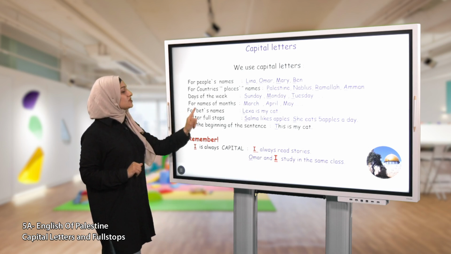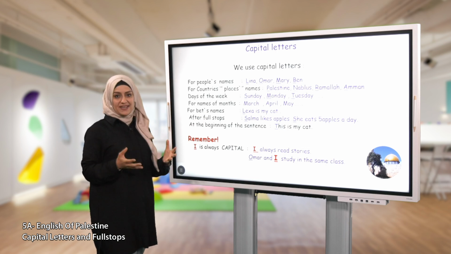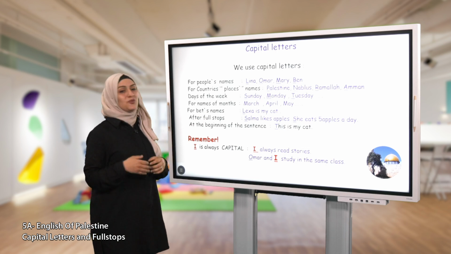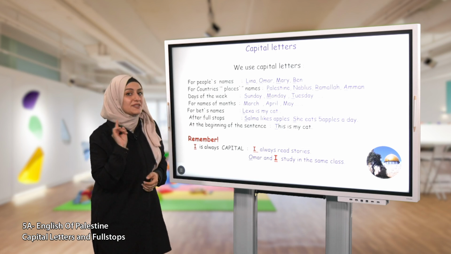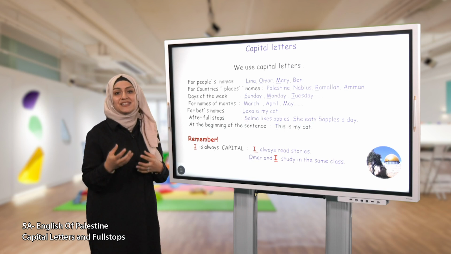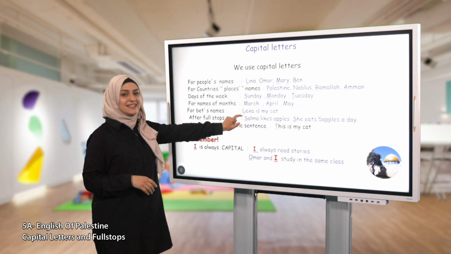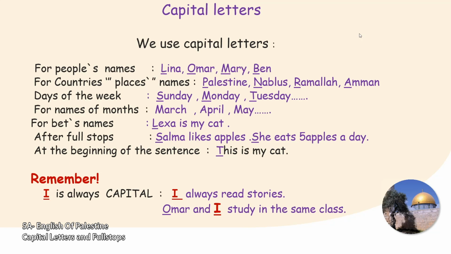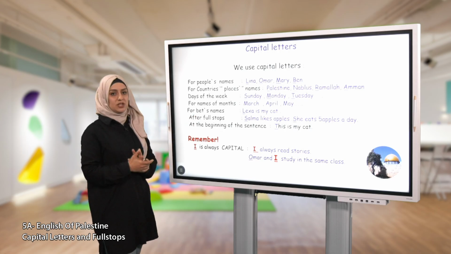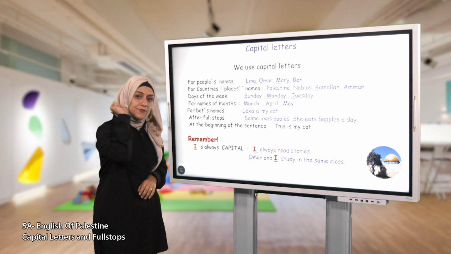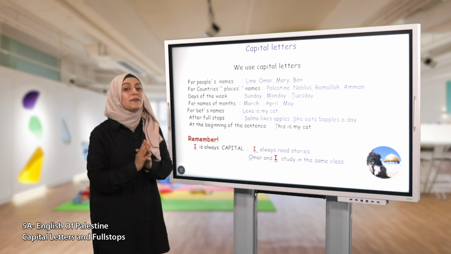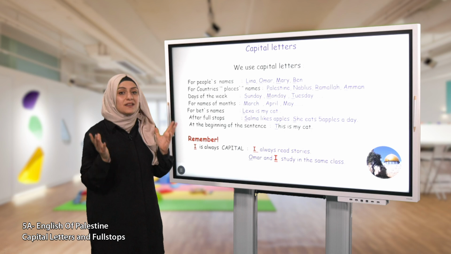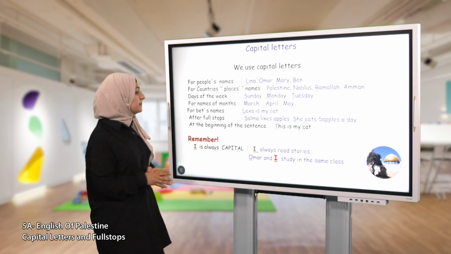Now for pet names, if you have a pet and you like it and you gave it a name, always remember when you want to write about it to capitalize its name. So we say, Lexa is my cat because it has a name. After full stops, if you put a full stop, always remember to put a capital letter after the full stop.